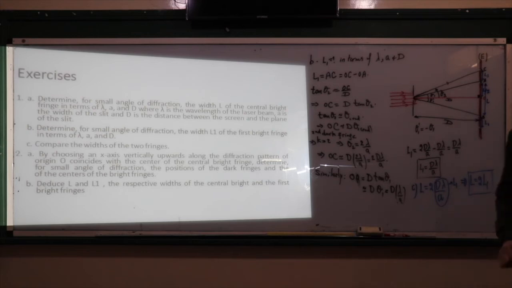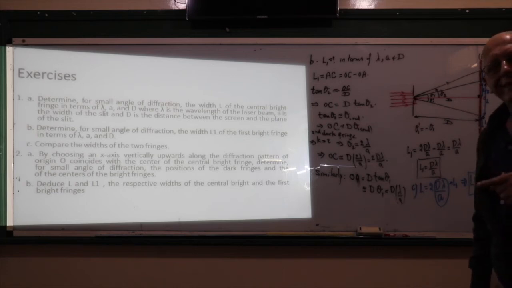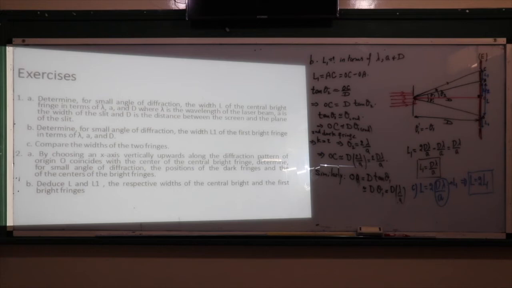I proved this during the course when I proved that the angular width of the central bright fringe is double the width of the lateral fringes. There I proved it by angular width. Now I prove it by the linear widths. We get that the length of the central bright fringe is double the width of the first bright fringe.